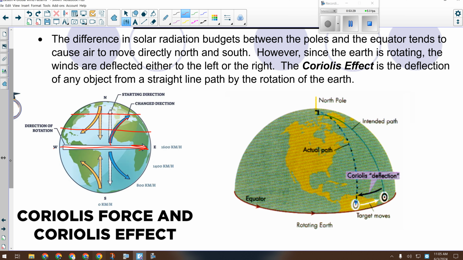You're at our latitude, and it's more like 800 kilometers per hour. Okay? It's significantly different. So the effect of that deflection lessens the further up you go. All right, so we definitely need to know Coriolis effect. Okay, that's the deflection of any object from a straight line by the rotation of the Earth.